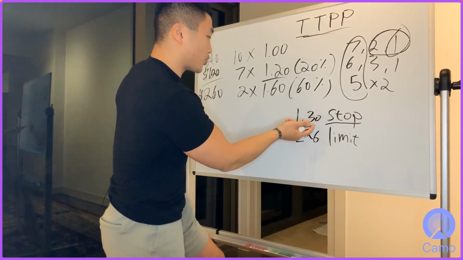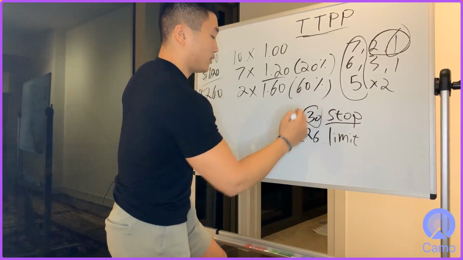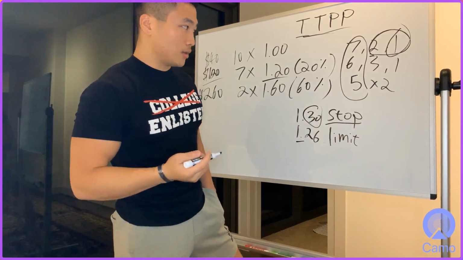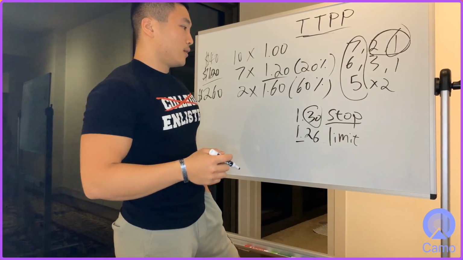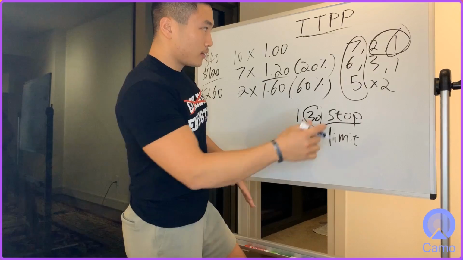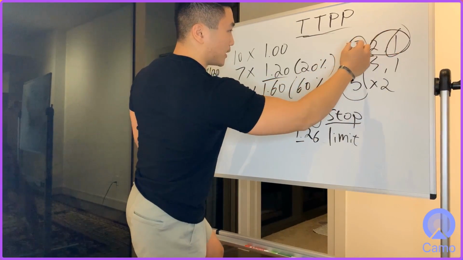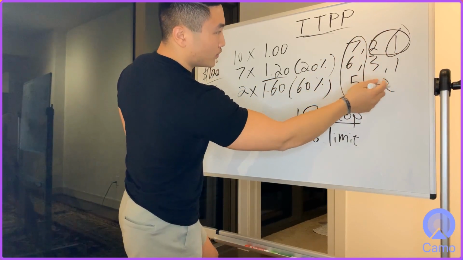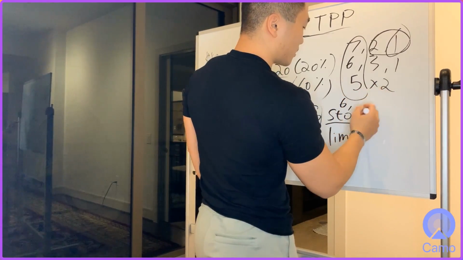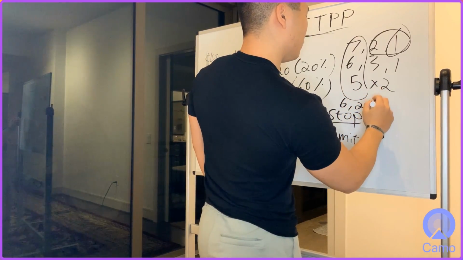Now, if that triggers, you secure the $30 profit on the last contract, okay? So on and so forth. 7, 2, 1, 6, 3, 1, 5, 2, or I don't know, something like 6, 2, 1, 1.